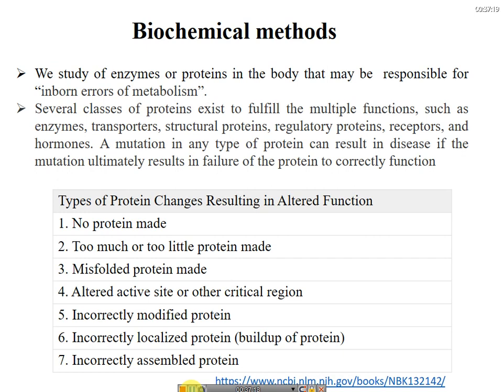So if we can test the levels of the protein, or the levels of the RNA making the protein, then we can tell whether there is some problem with the expression of the protein or the gene responsible for making that protein. So this way we can detect the genetic disorders also.